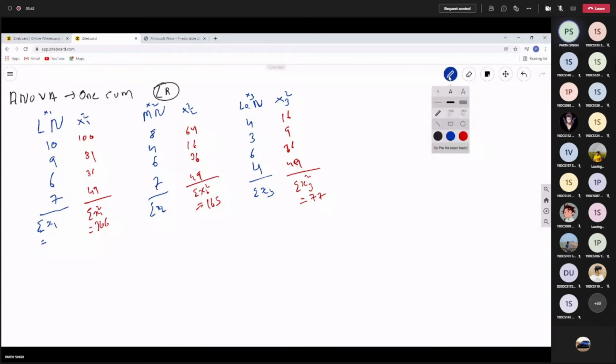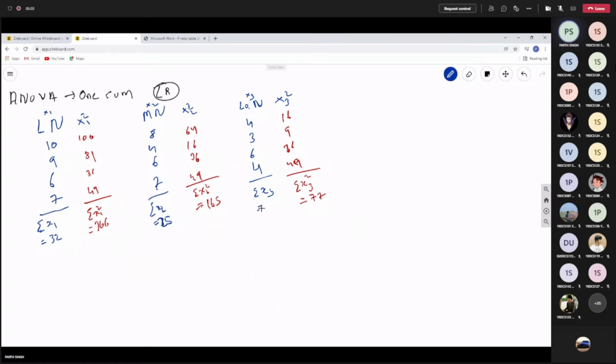In a similar way for x1, x2, x3, summation of x1, summation of x2, summation of x3. Here I guess I will be getting 32. Here 35. Oh, sorry, 25. And here 17.